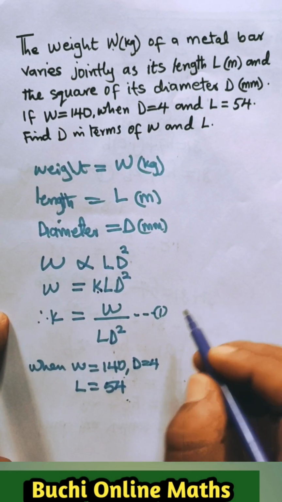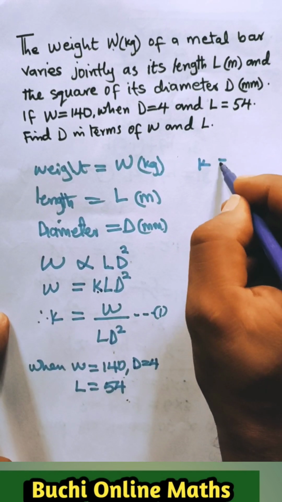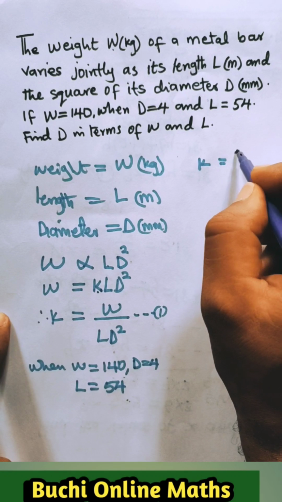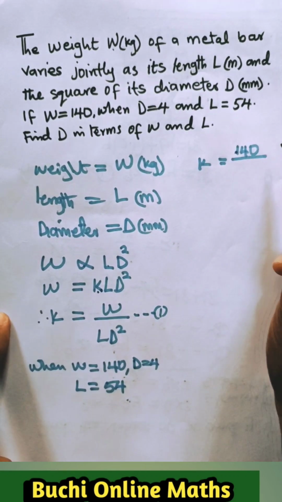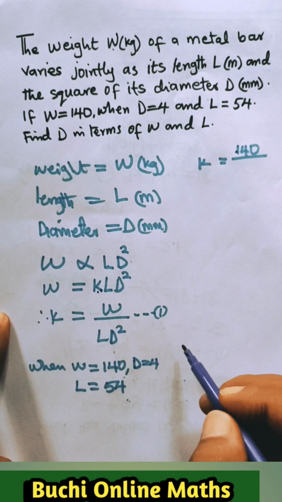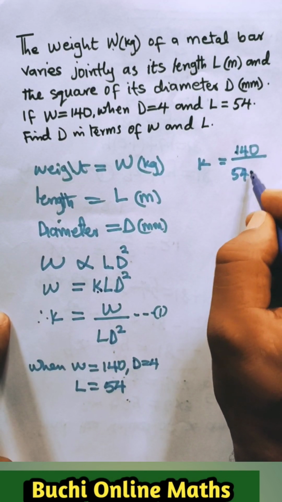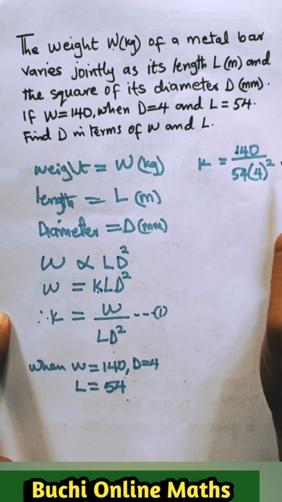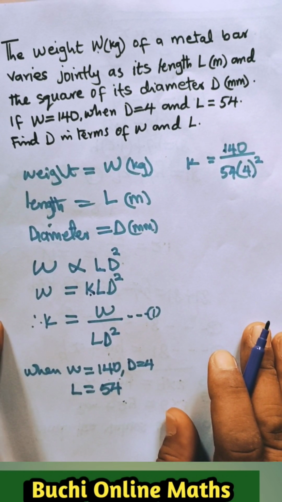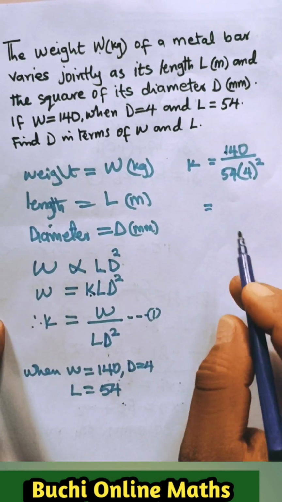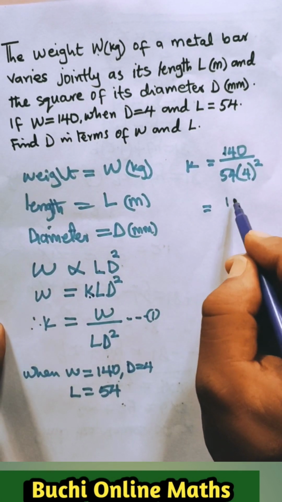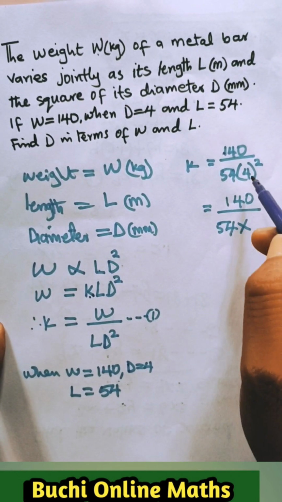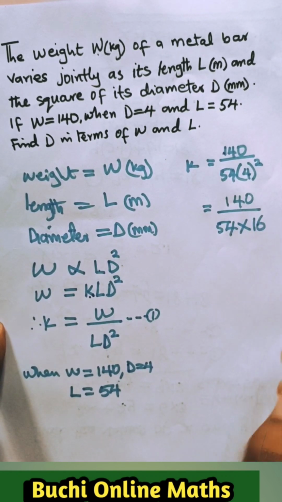Therefore, k will now be, W is 140, so we have 140 over L is 54, and D is 4, and D is squared, that means we have 4 raised to power 2. This will give us 140 over 54 times 4 raised to power 2, which is 16.